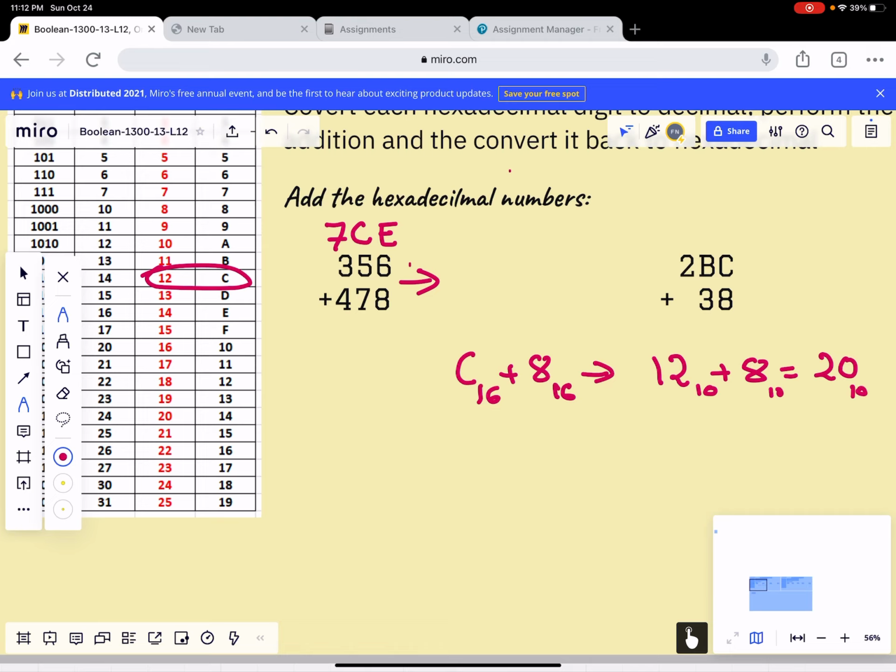Now I'm going to convert back to hexa, so 20 equals 16 plus 4, right? 16 plus 4.